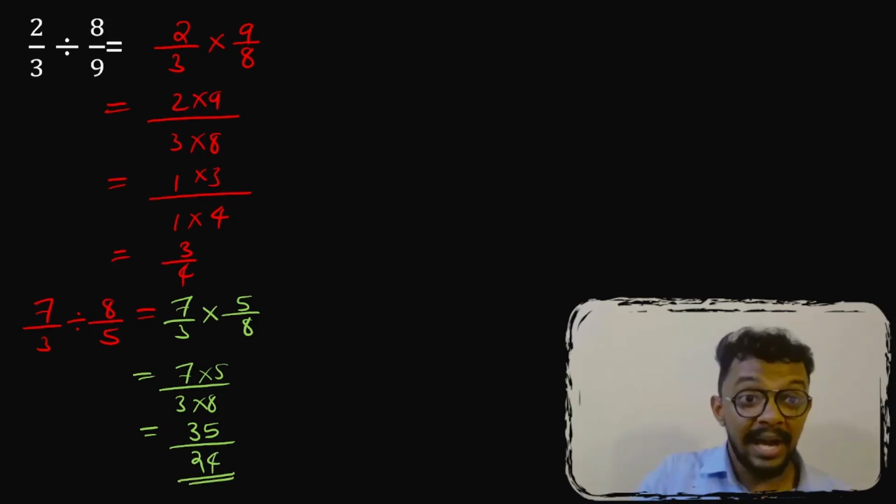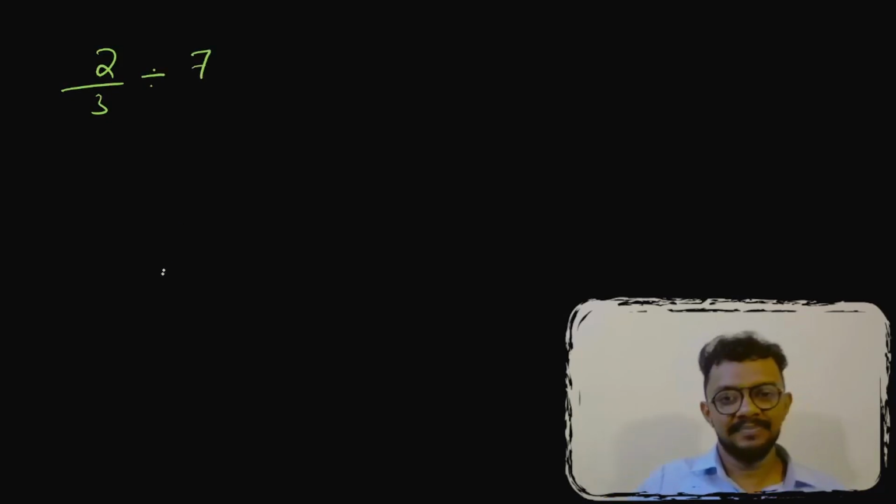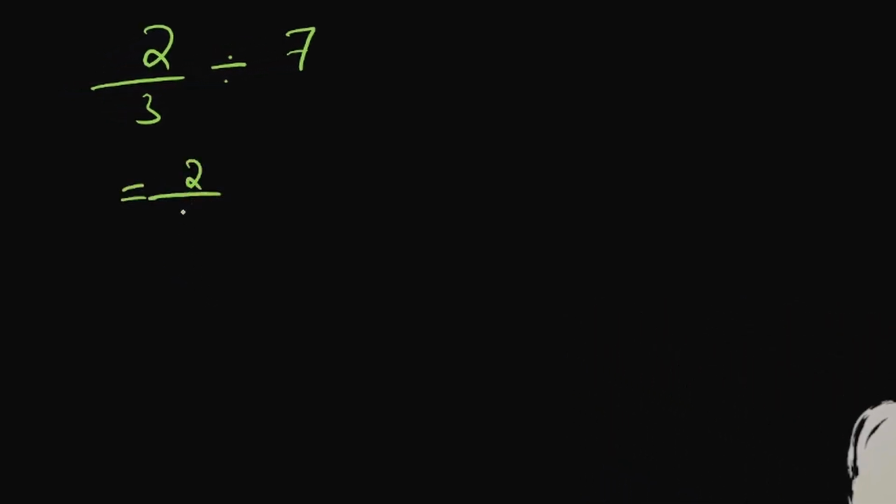Okay. One last question for understanding division of two rational numbers. 2/3 divided by 7. What's the answer? Let's see. The strategy is simple. What is 7 actually? How can I write 7 as a fraction, as p/q, as c/d?